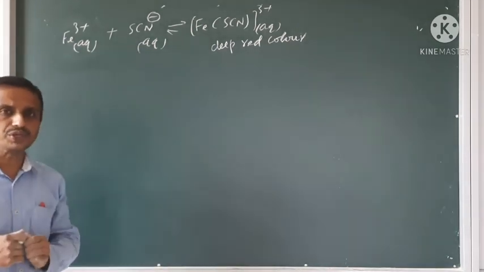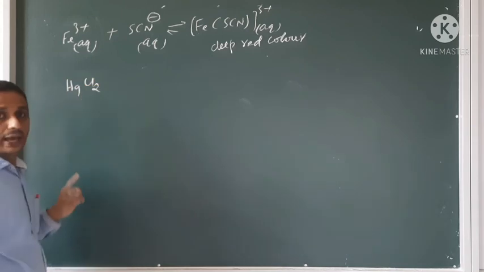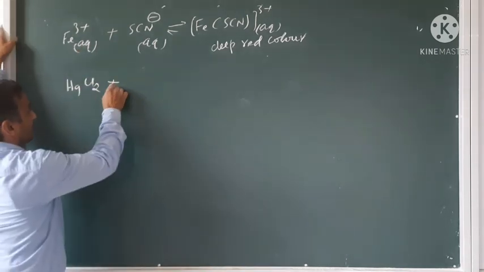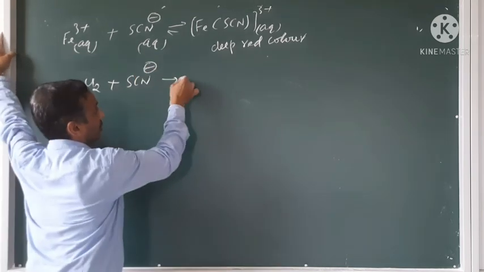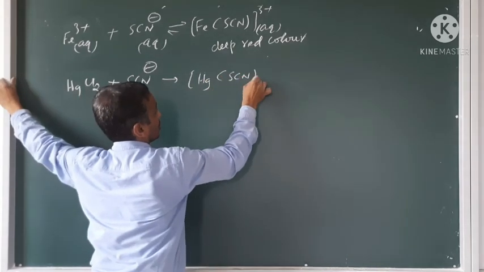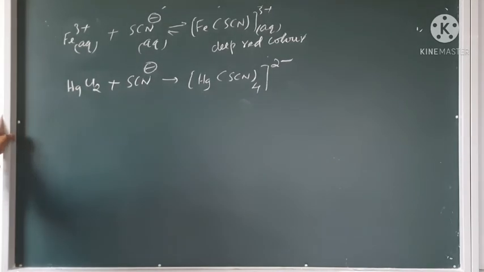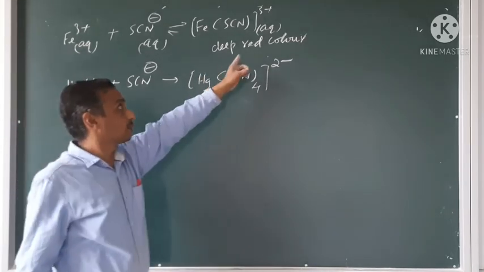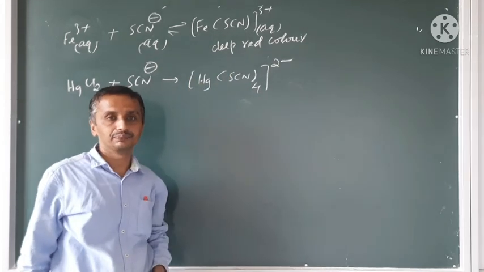Instead of this, what I do is I will add HgCl2. HgCl2 reacts with the SCN- ion, that is thiocyanate ion, giving Hg(SCN)4 2- ion. What can happen to this deep red color? Tell me.